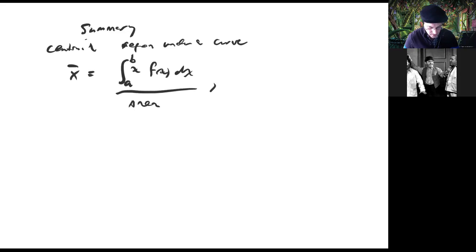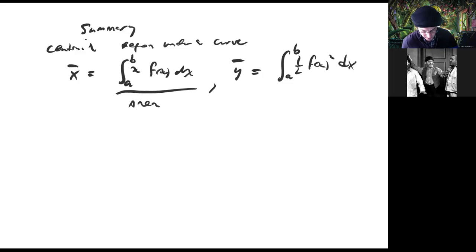Okay, and then these are the coordinates of the centroid, and y bar is the integral from a to b of 1/2 f of x squared dx, and then there's over the area of the curve.